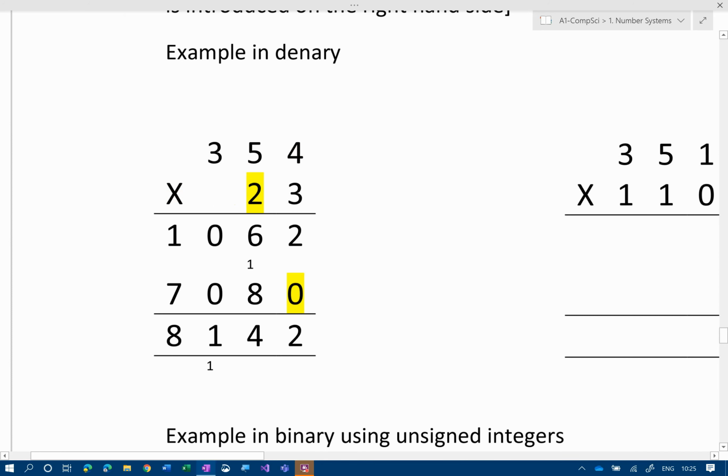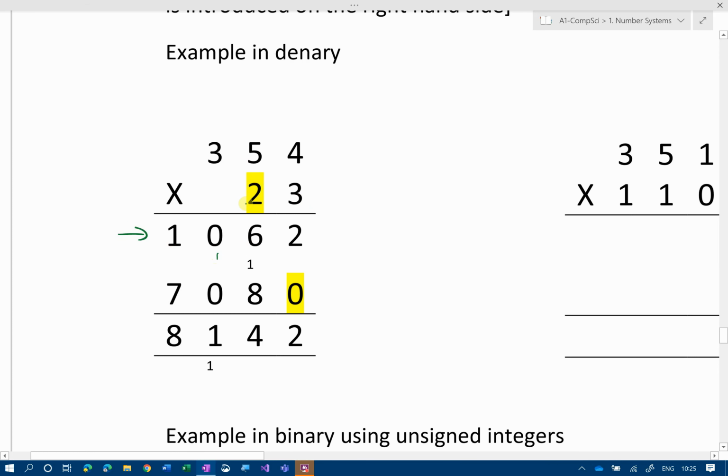I've started with the 3, haven't I? So 3 4s are 12, so that's 2 carrying a 1, 3 5s are 15, plus 1 is 16, so there's a carry 1 that I've not put in there. 3 3s are 9, plus 1 is 10. All right, so that's where that comes from.